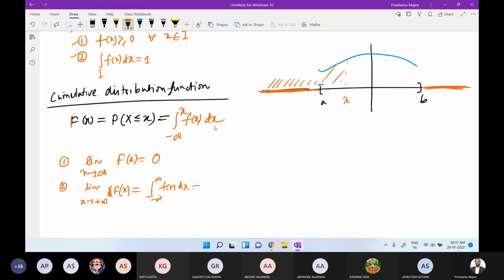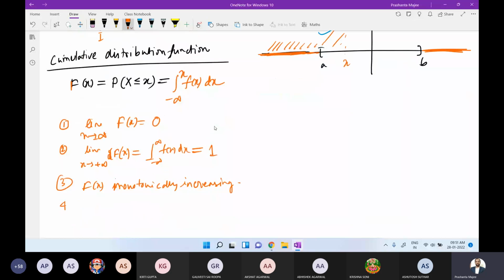What is that? The total probability, the total area bounded by that curve. It is 1. If it is a density function, the total area bounded by the curve must be 1. Again, you can see that F of x is a monotonically increasing function. And the fourth property: it will be continuous from the right. In this case also it is true.